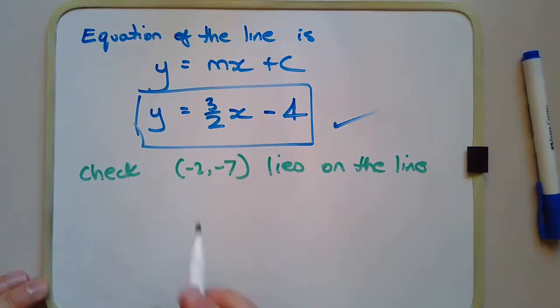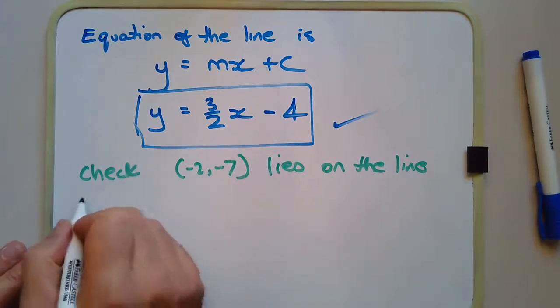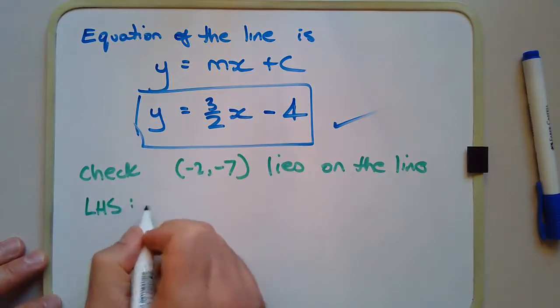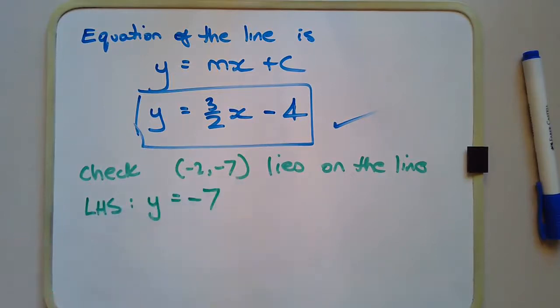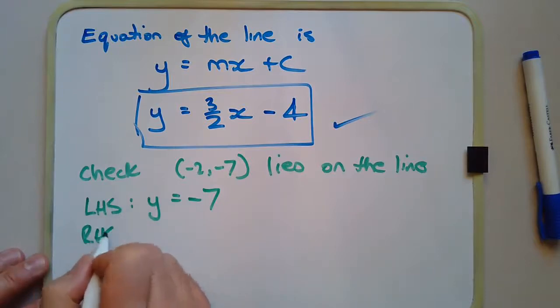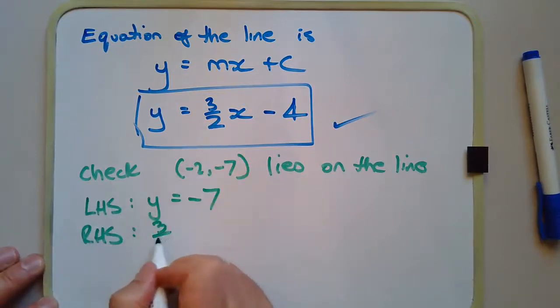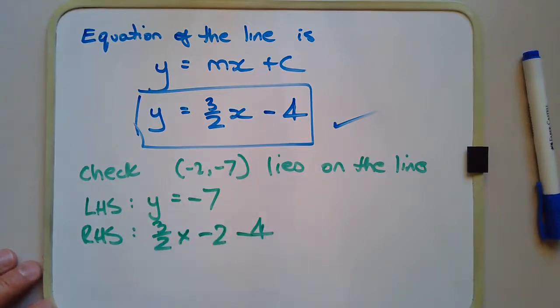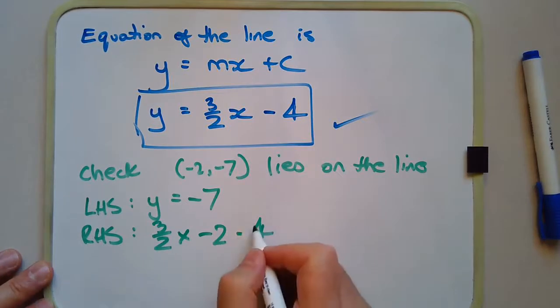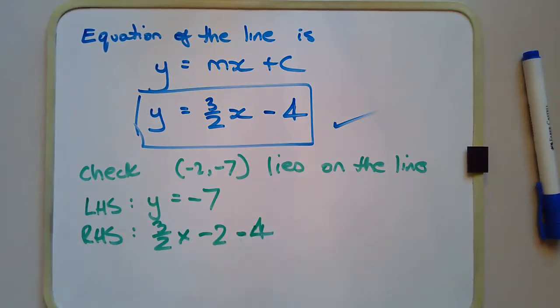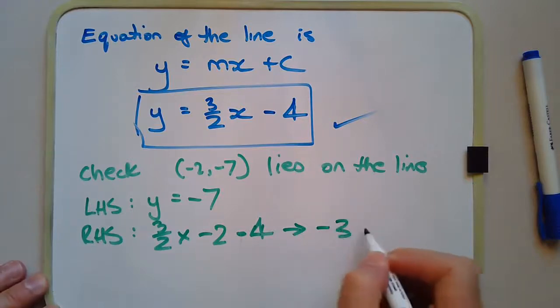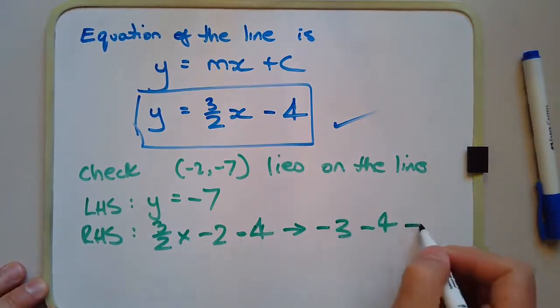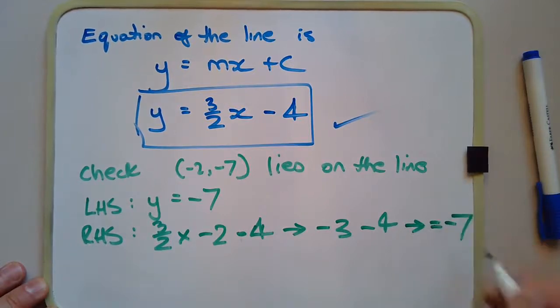How are we going to do that? We're going to check the left hand side and the right hand side. Left hand side, y is in fact equal to negative 7. Right hand side, we've got 3 on 2 x, times negative 2, minus 4. 3 on 2 times negative 2 is negative 3, and negative 3 minus 4 equals negative 7.